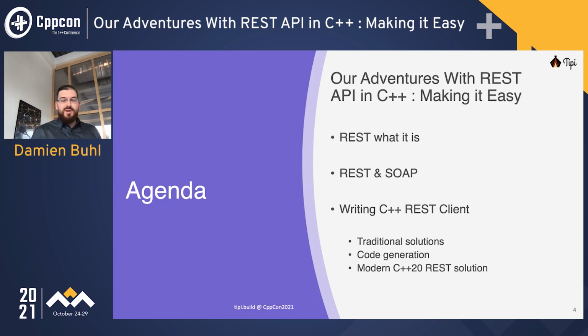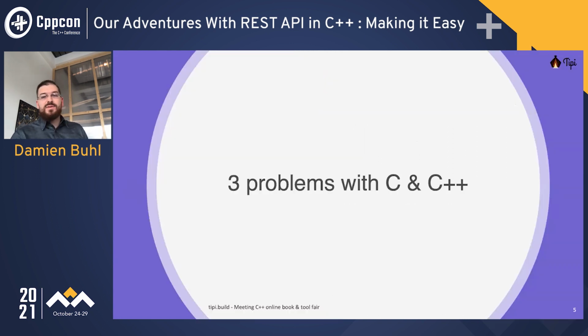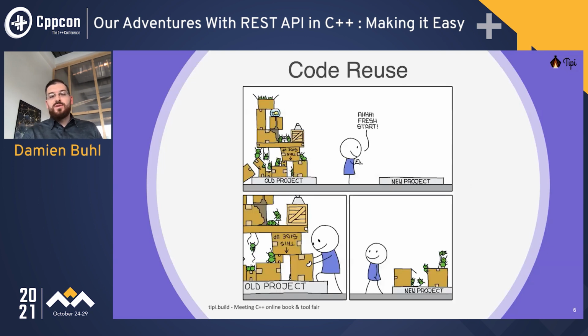But first, before I go to this, perhaps I can tell you about the three problems that we see with C++, with the REST client being a fourth one. So at tipi, we are trying to solve these three problems. The first one is code reuse. tipi is a tool that allows reusing any code, any library, for example a REST library or a library for HTTP calls.